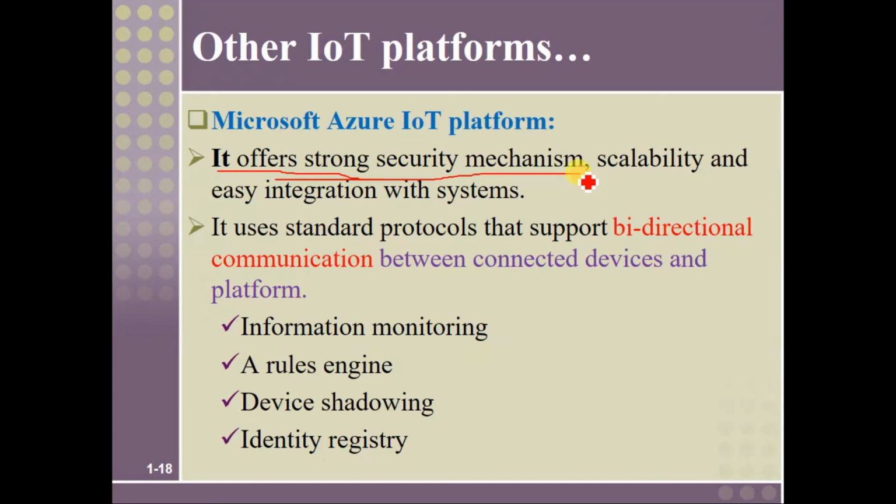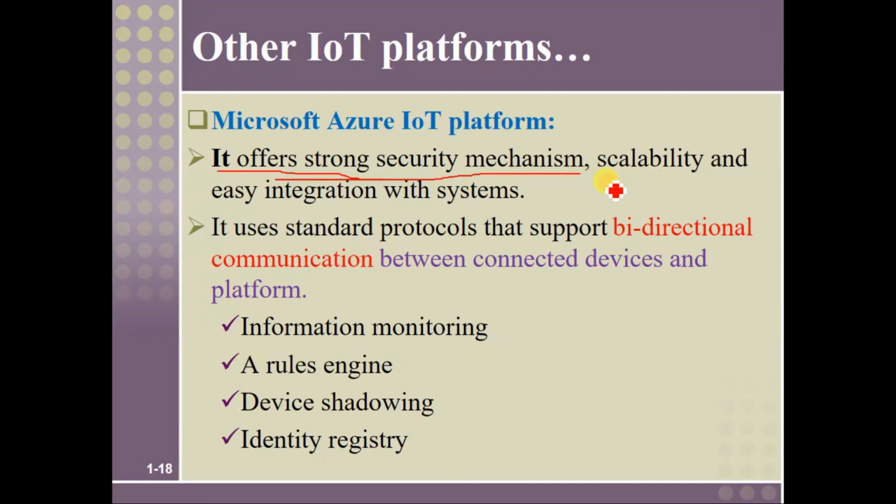If we want to make our interconnected system secure, using the Microsoft Azure IoT platform is important in order to provide strong security among our interconnected devices within its application.